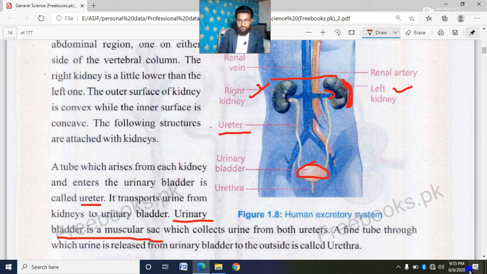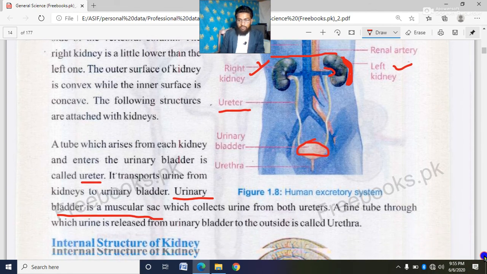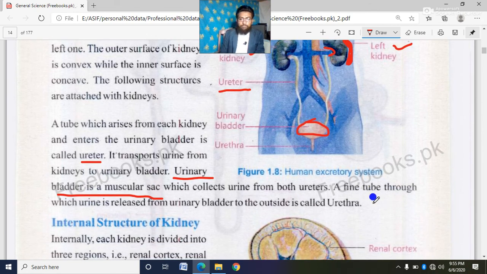Dear cadets, a fine tube through which urine is released from the urinary bladder to the outside is called the urethra. Here we can see in the figure a urinary bladder which collects and stores urine.